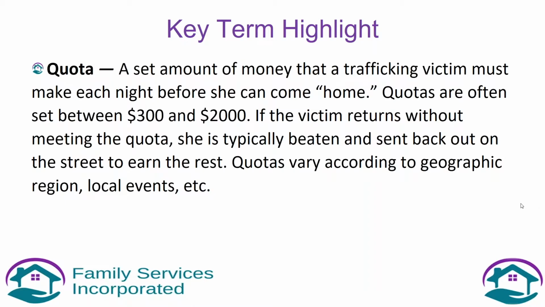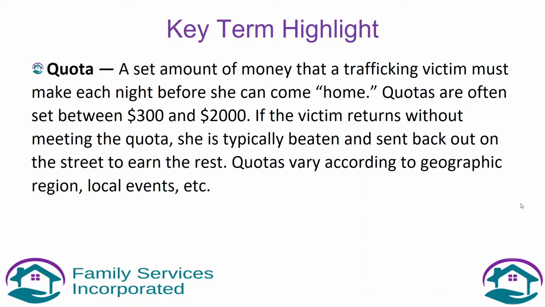A quota, I used this term earlier. It is a set amount of money that a trafficking victim must make each night before she can come home. Quotas are often set between $300 and $2,000, depending on the area. If the victim returns without meeting the quota, she is typically beaten and sent back out to the street to earn the rest.